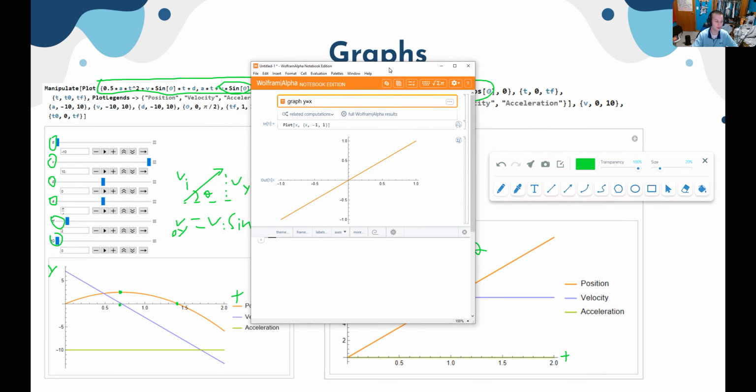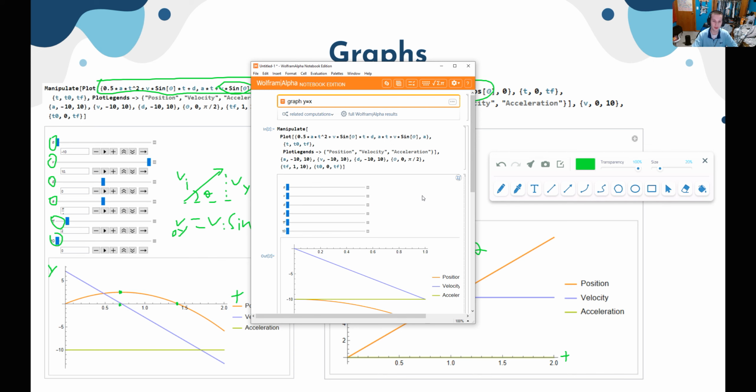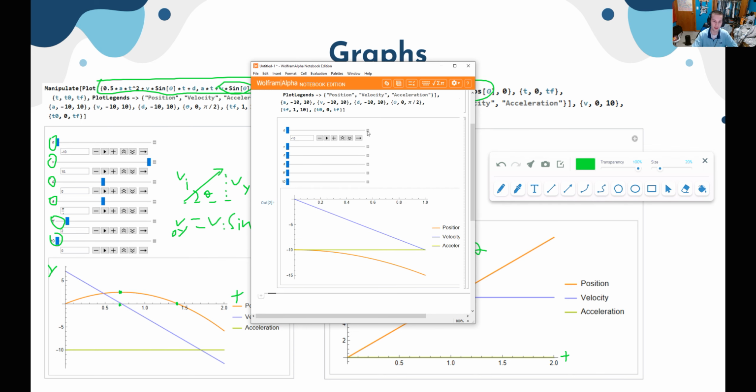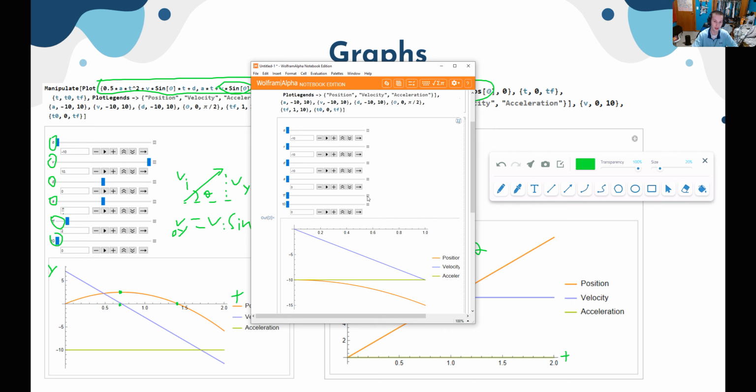So what I'm going to do here is take our plot and plug it in, just so I can show you a little more about what's going on and show you some different cases and how this can change if your parameters change.